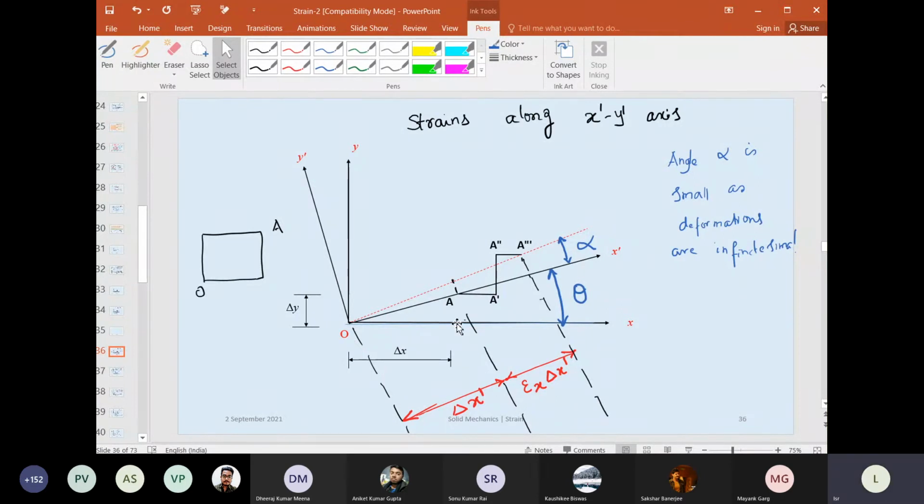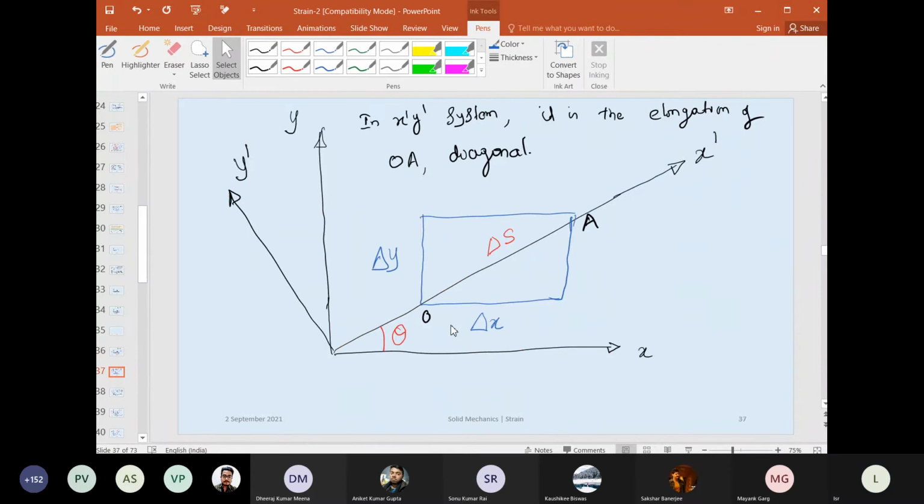Okay, now in x prime axis it is elongation of OA diagonal. Actually, that alpha, if you neglect, what exactly is happening is finally you see A gets stretched. We will try to draw that.